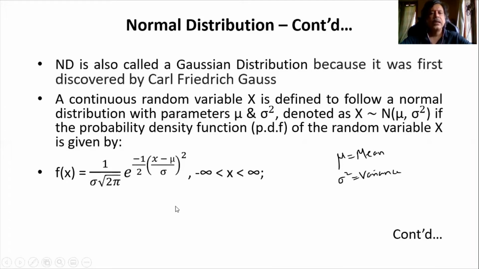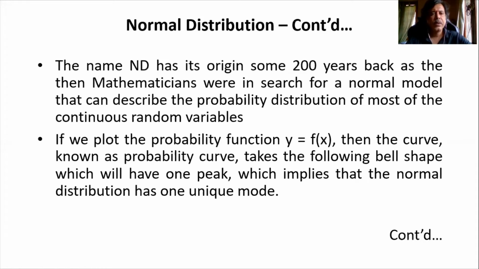And the x value lies between negative infinity and positive infinity. It can go anywhere between that. Here pi is nothing but 22 by 7, and e is nothing but 2.718, and it keeps on going.